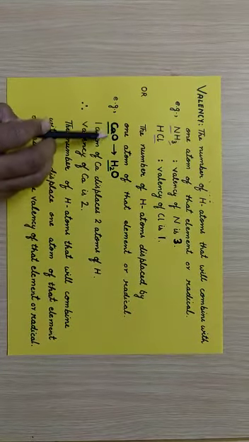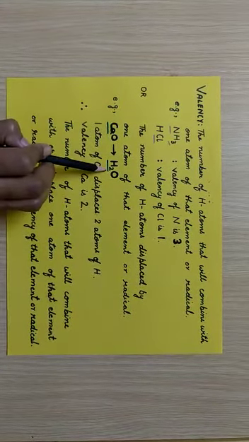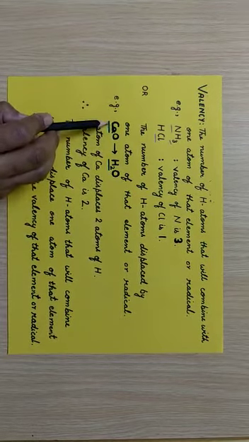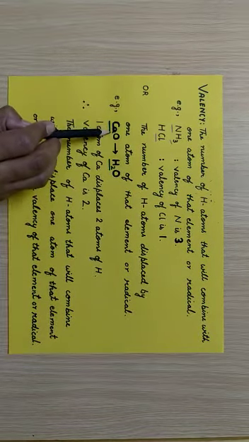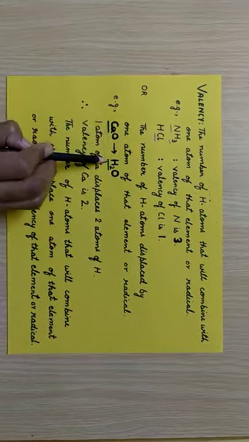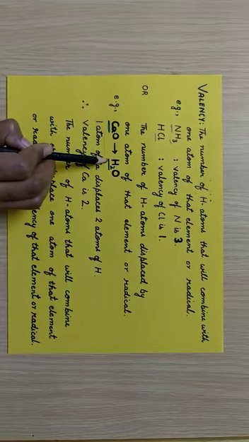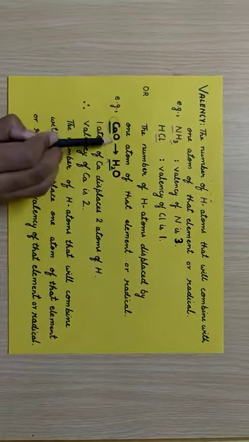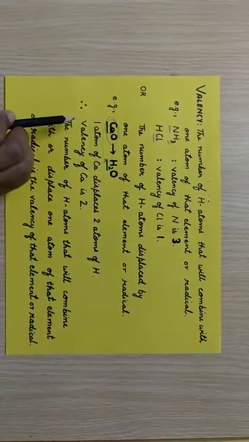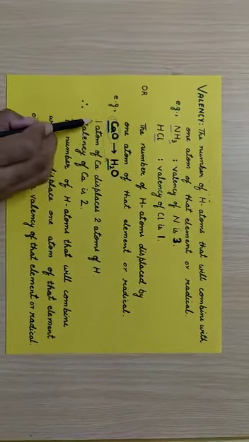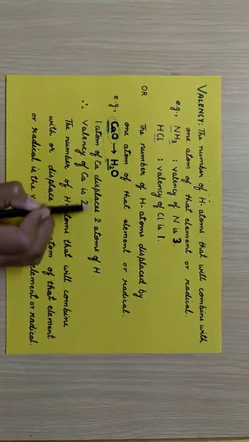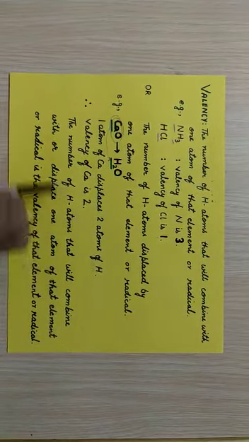If we see the formula of these two compounds, we can see that one atom of calcium is displacing two atoms of hydrogen to form calcium oxide. So one atom of calcium displaces two atoms of hydrogen.